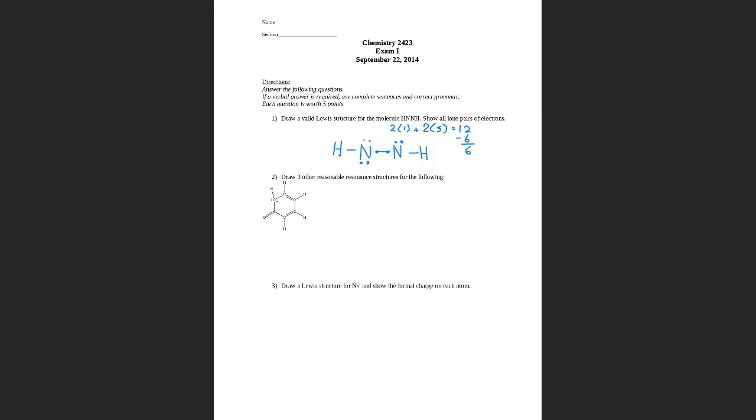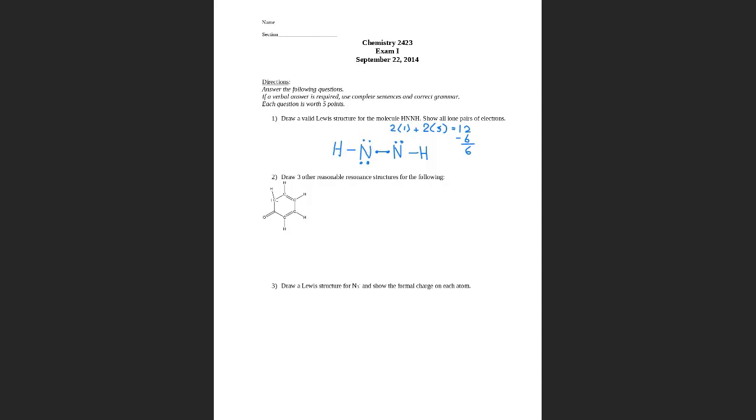So then I look and see, is there any atom that is deficient? Is there any atom that has less than 8 electrons around it? Nitrogen on the right? Yes. Of course, the bonded electrons count as 2 electrons for both this nitrogen and this nitrogen.